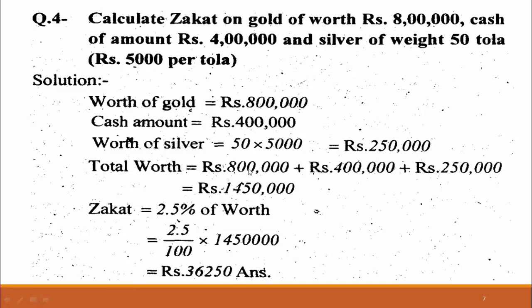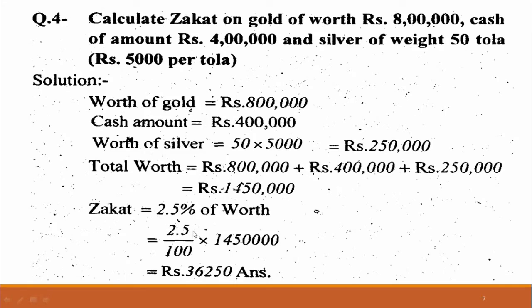250,000. Now add the total gold, total cash amount, and total amount for the silver. Adding these amounts, we get the total amount is 1,450,000. So to find the amount of zakat for this total amount, again start from here: the zakat rate out of 100 is 2.5.